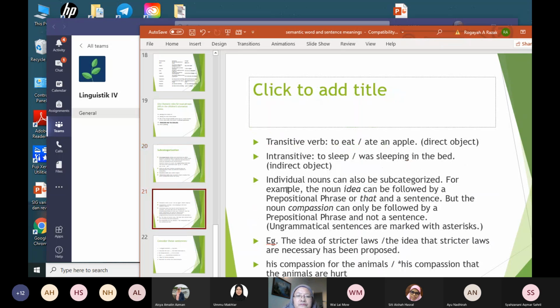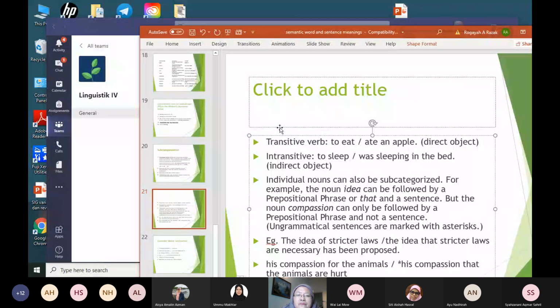And it says individual nouns can also be subcategorized. What can occur with nouns? Idea can be followed by a preposition phrase, or that and a sentence. But the noun compassion can only be followed by a preposition phrase and not a sentence.